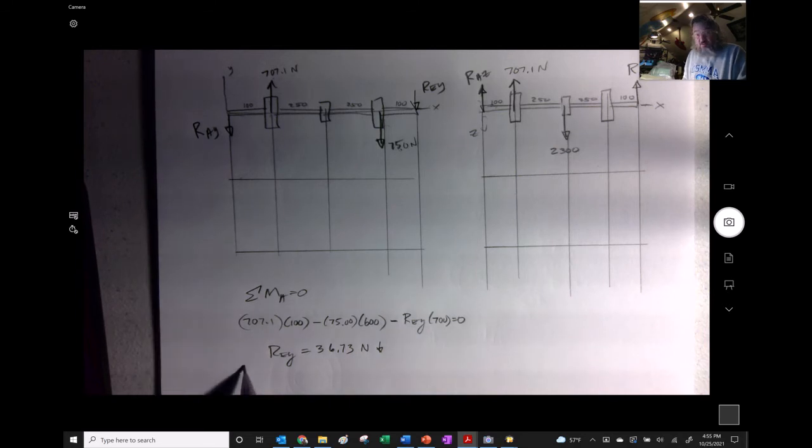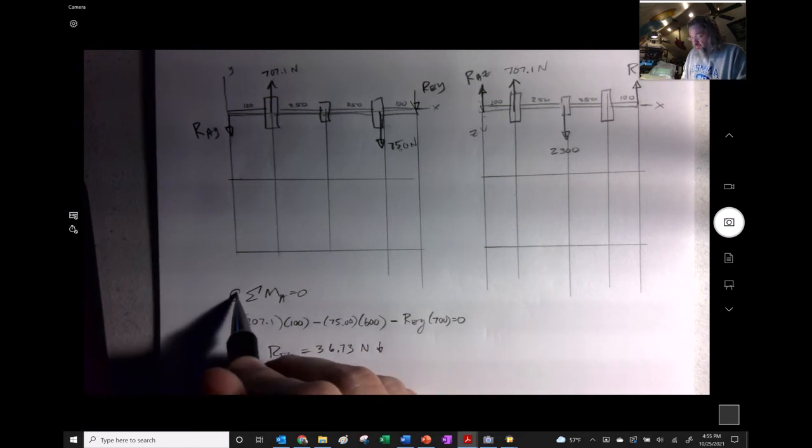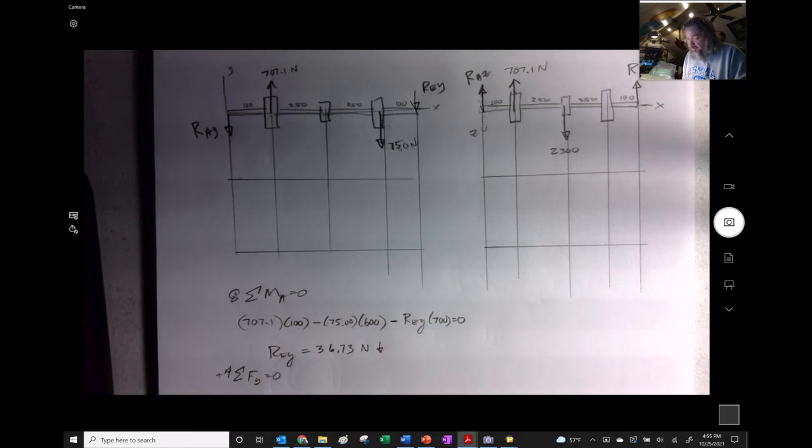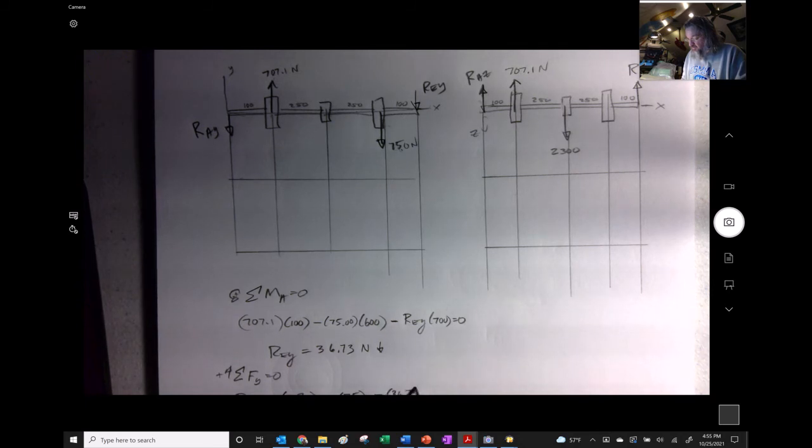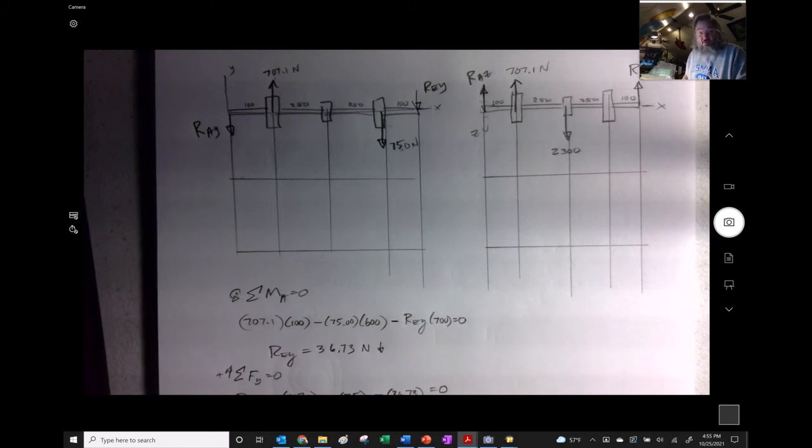And then I do the sum of the forces in the y direction, up is positive. I forgot to tell that. And I'm predicting he's down, pretty sure he's down. Plus my 707.1, and then minus my 75, and then minus my 36.73 equals 0, and I get an RAY.